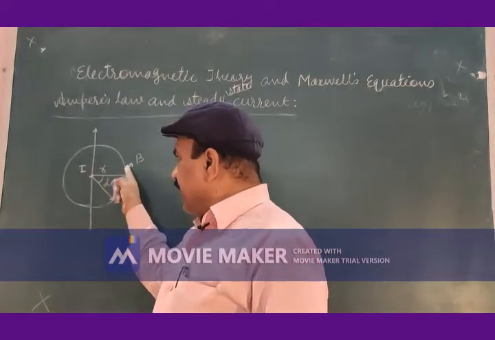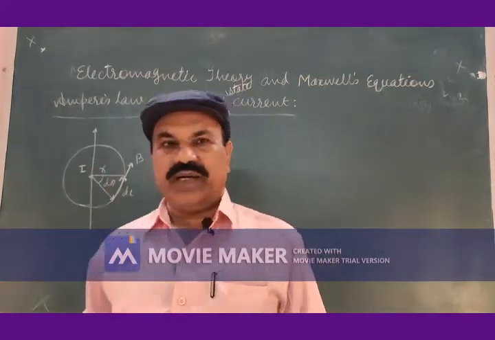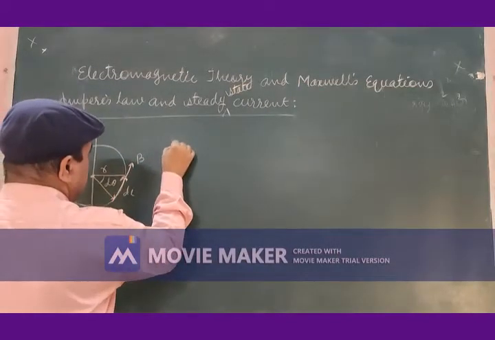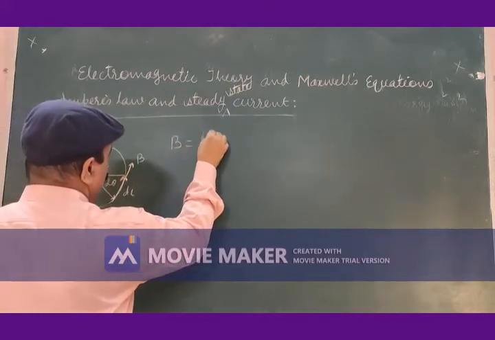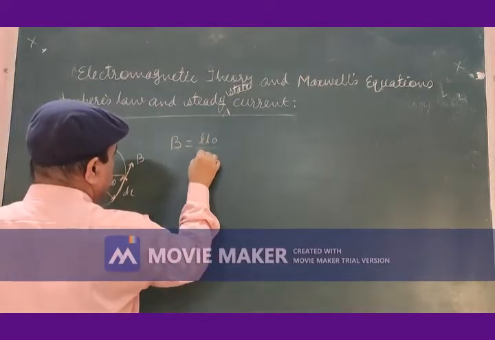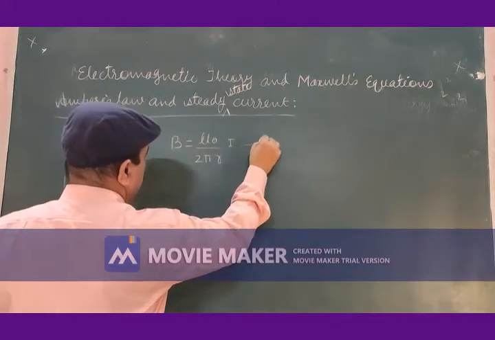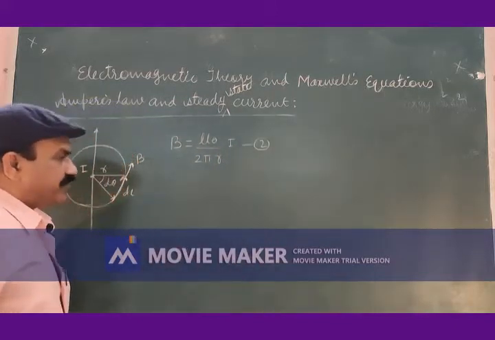At any point on this closed path, the magnetic induction B is given as B is equal to mu 0 I divided by 2 pi r, equation number 2.